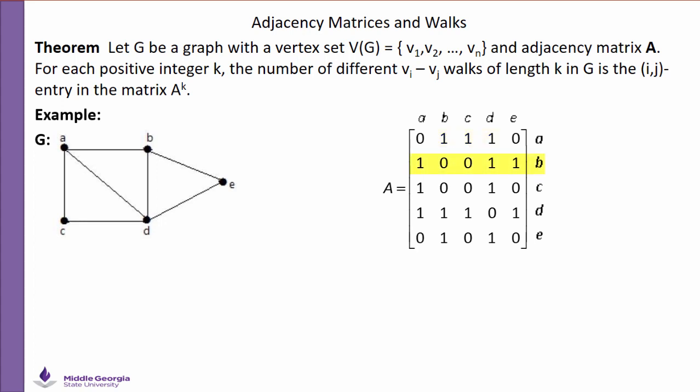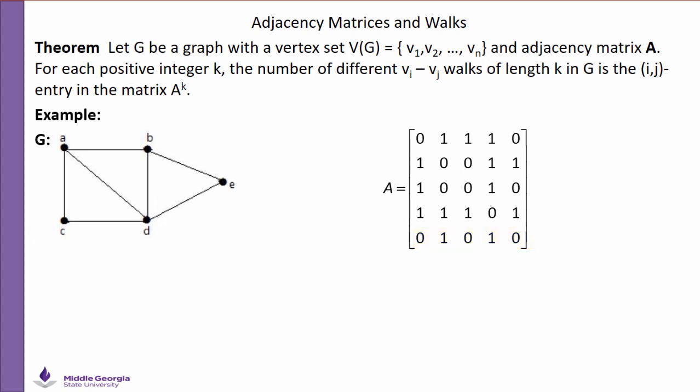Second row is for vertex B, and it has an adjacency with A, D, and E. Vertex C is adjacent to only two other vertices, A and D. Vertex D is adjacent to four other vertices, A, B, C, and E, but not itself, D. And lastly, E is adjacent to only two vertices, B and D.